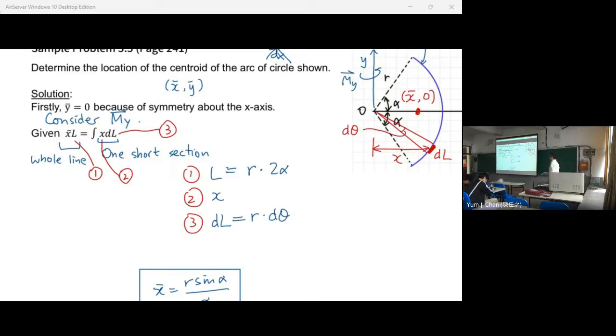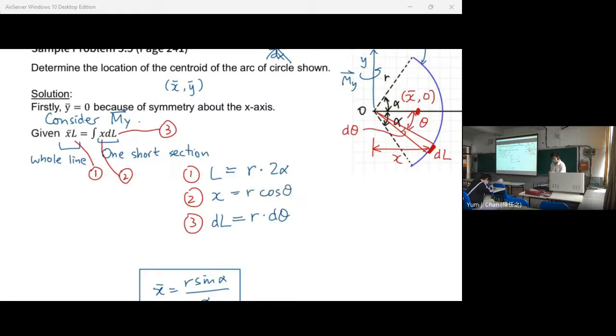Now we come to the last part, that is x. We say the location of DL is theta. So we make a right angle triangle here. So we have x is equal to R cosine theta.